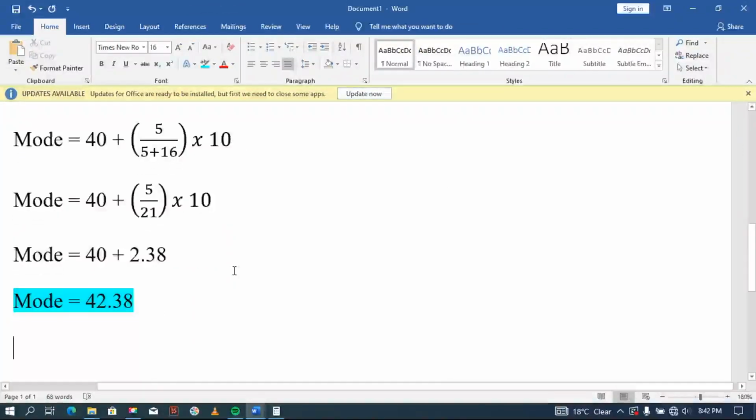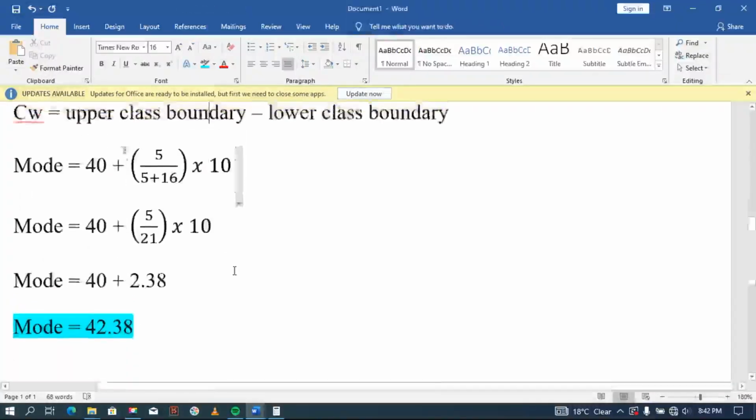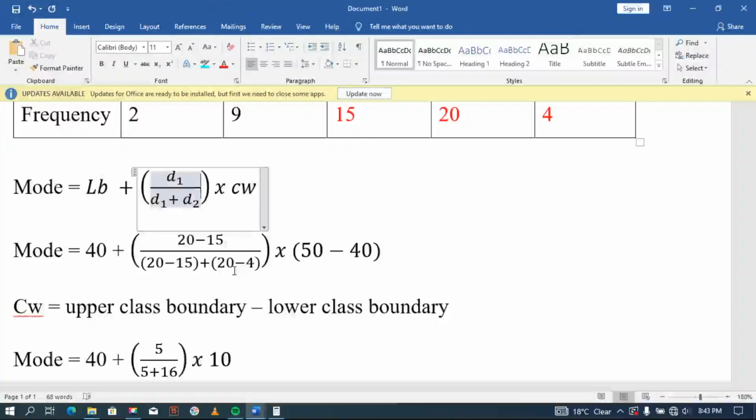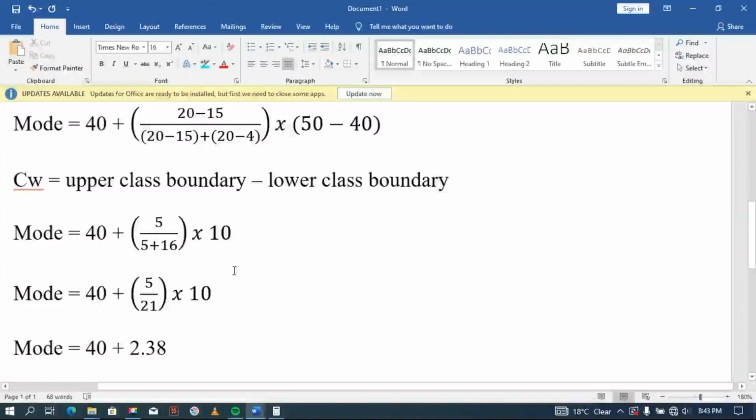So when you look at this formula, you realize that we first deal with the brackets. So we try to follow the order of operations, whereby we first deal with the brackets, and then multiplication, and then addition comes last. So that is why we first solved the brackets, and then we finally added the 2.38 to 40.